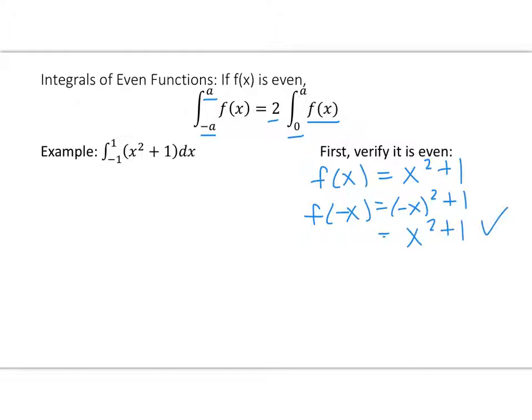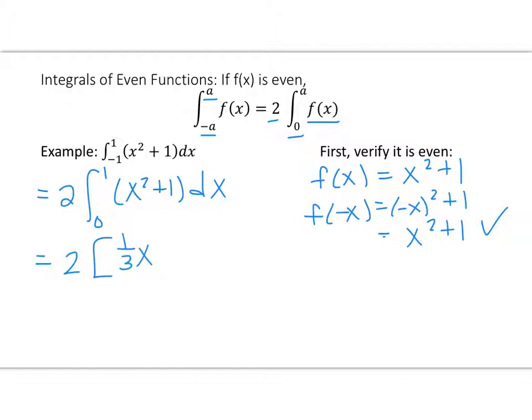So that means over here I can reevaluate this as 2 times the integral from 0 to 1 of x squared plus 1 dx. So now I have 2 times, my integral is 1/3 x to the third plus x, and I'm evaluating that from 0 to 1.